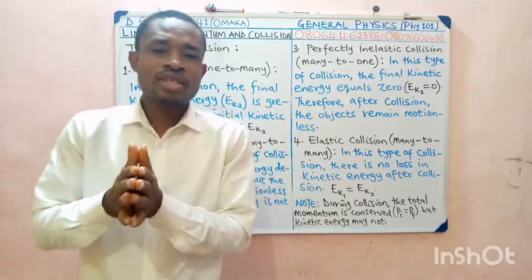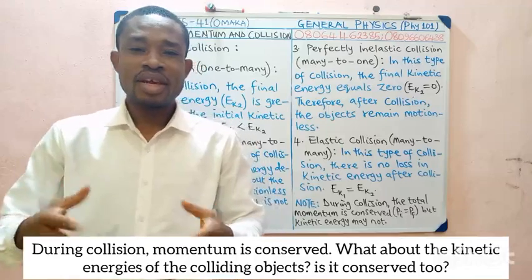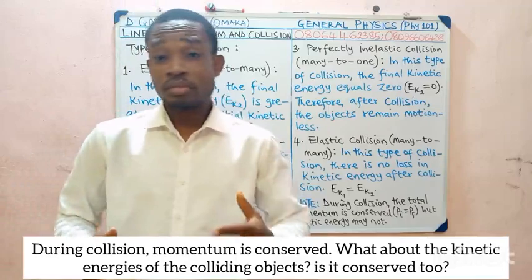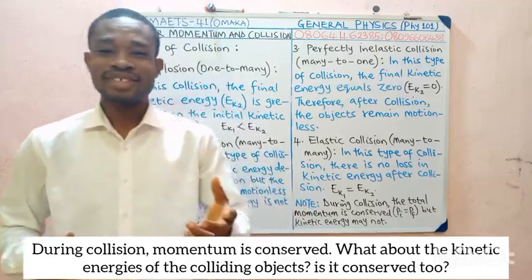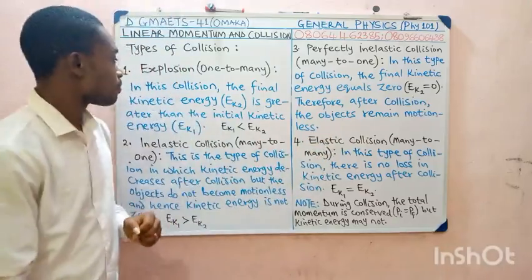But have you asked yourself a question about the kinetic energy? Is the kinetic energy also conserved? Well, it may not be. The types of collision here will give us more information about that.